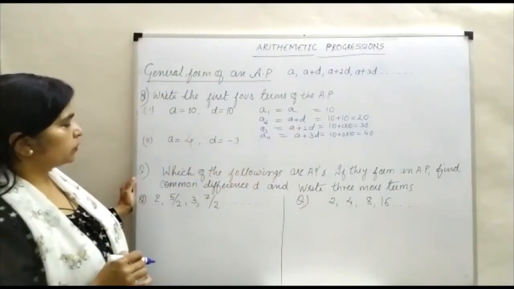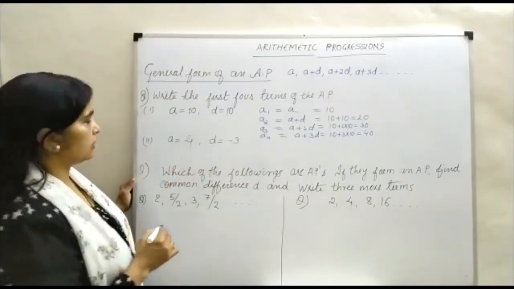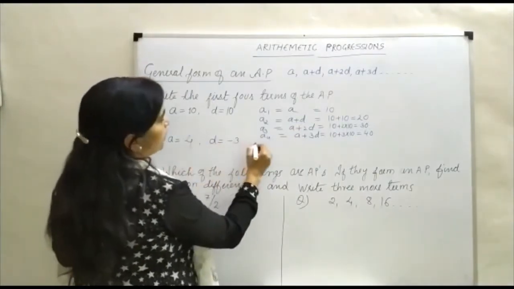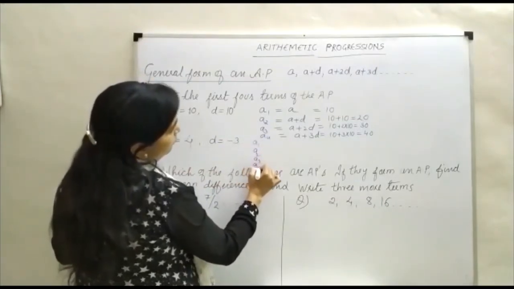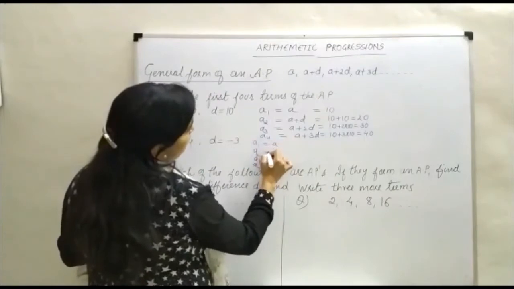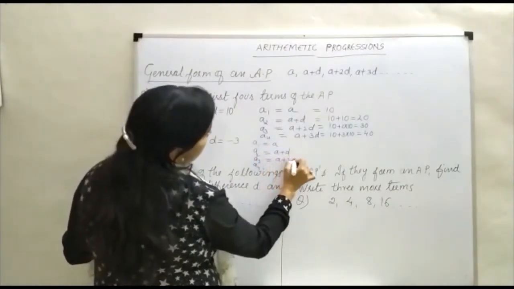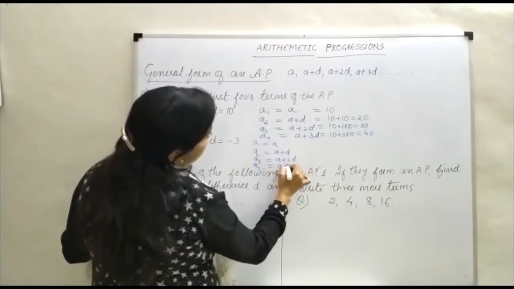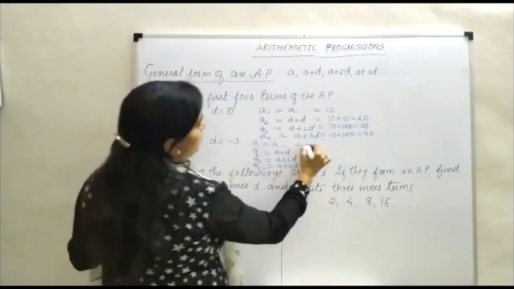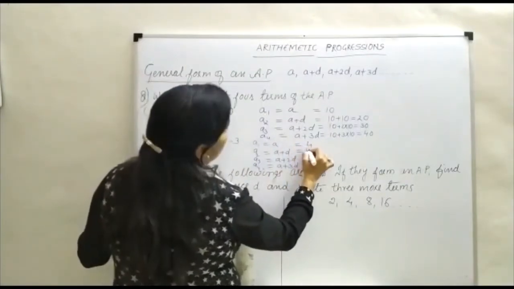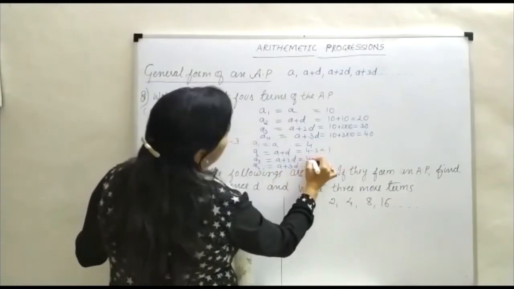Again we have one more question in which the common difference D is minus 3. Here also you have to do the same thing. A1 is equal to A, A2 is equal to A plus D, A3 is equal to A plus 2D and A4 is A plus 3D. The value of A is given as 4. Here it is 4 minus 3, that is 1.